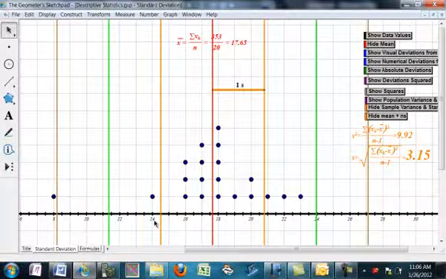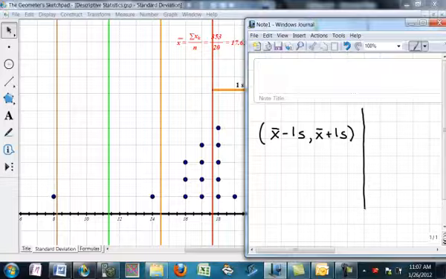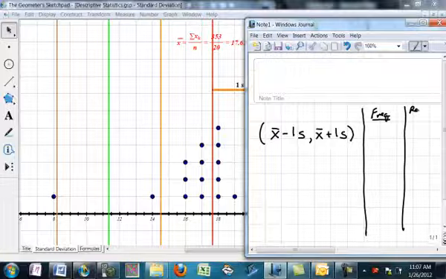What I want you to notice is there's a lot of data between 1 standard deviation above and below the mean. So if we look at the interval from the mean minus 1 standard deviation up to the mean plus 1 standard deviation, let's compute the frequency of points that are in that interval, and then the relative frequency of the points in that interval.